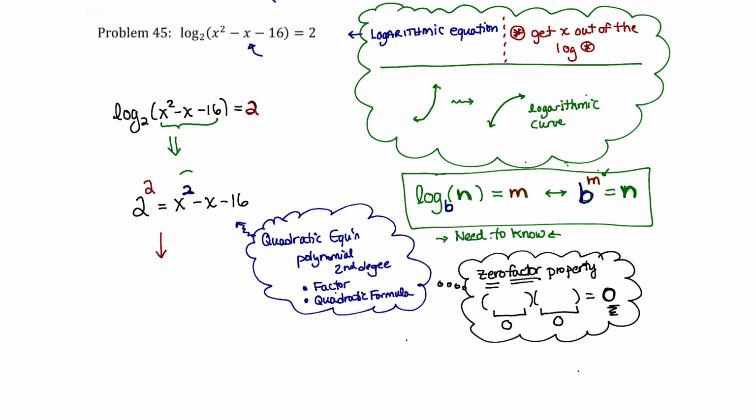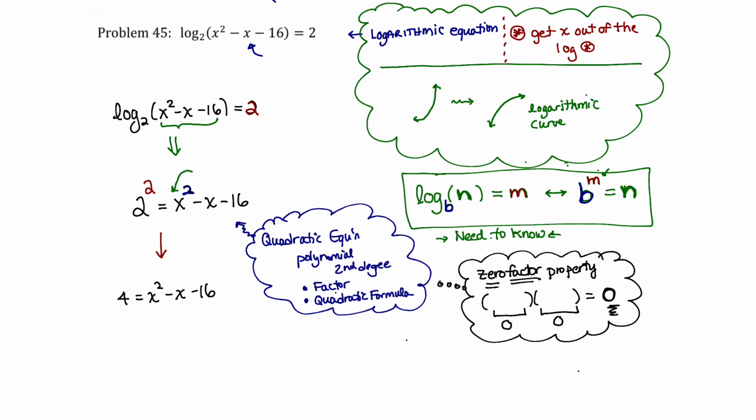Now, I note on the right side, I have a positive x squared, and so I'm actually going to bring all of my terms from the left to the right. And before I do that, let me do one step and clean this up. 2 squared is just 2 times 2, which is just 4. And so I'm going to rewrite this equation as 4 equals x squared minus x minus 16.